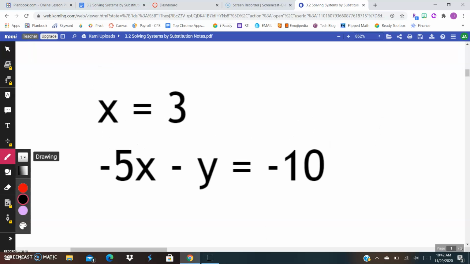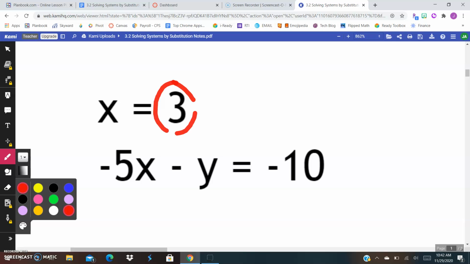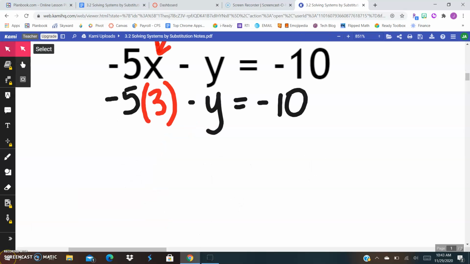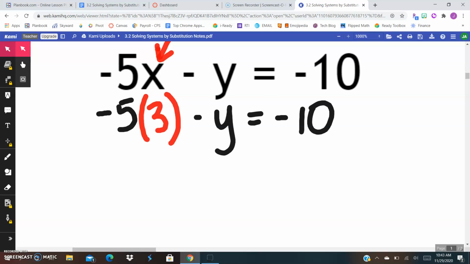That's good news. So we are going to know that x is 3, and we're going to take that and replace that x with that. So this bottom equation is going to look like -5 times 3 minus y equals -10.